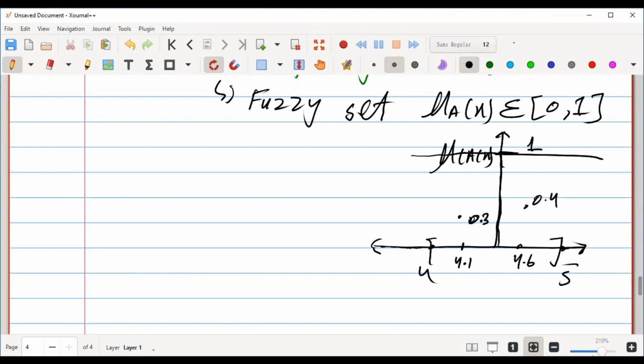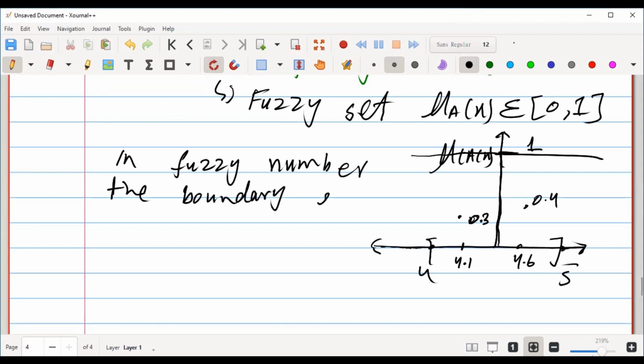Now we will discuss how we deal with fuzzy numbers. We see that in fuzzy number, the boundary of interval is ambiguous, which means unclear.